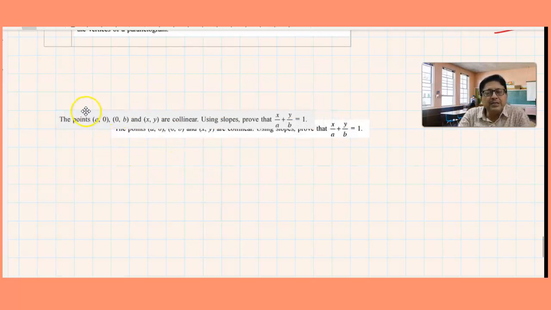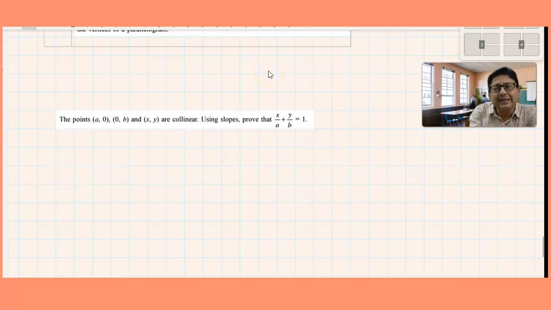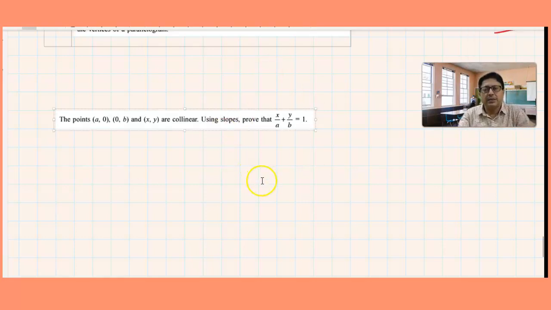If these 3 points are collinear, prove that X by A plus Y by B equal to 1. How to prove it? To use the collinearity condition, we will be using the same slope. Let us take this point as A, this one B, this one C.